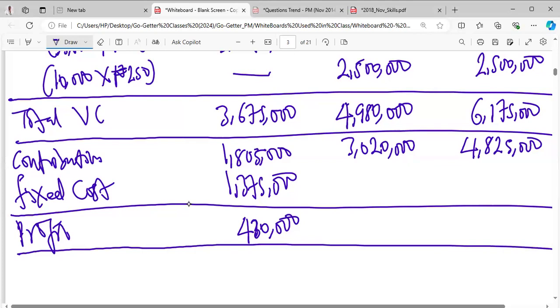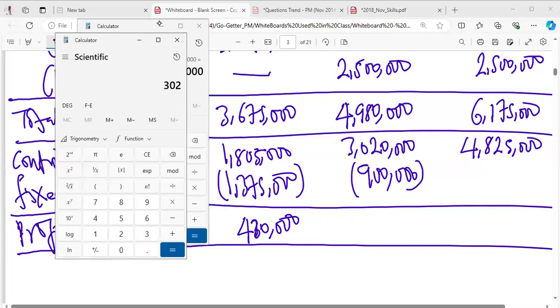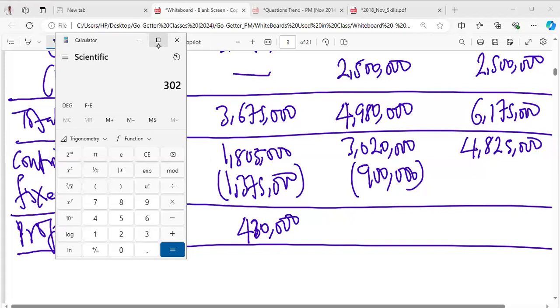Right? Let's look at the other one here. Fixed cost is 900,000. So let's do the calculation now. We have 3,020,000 minus 900,000.